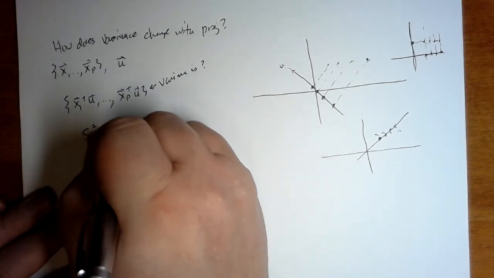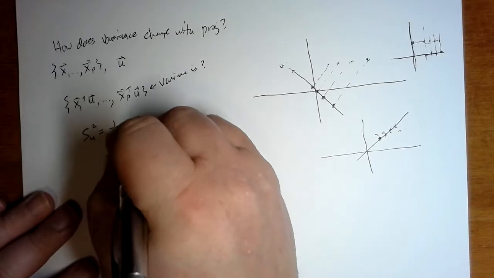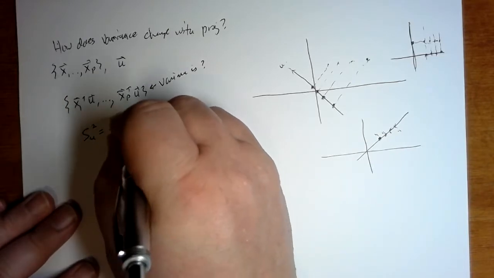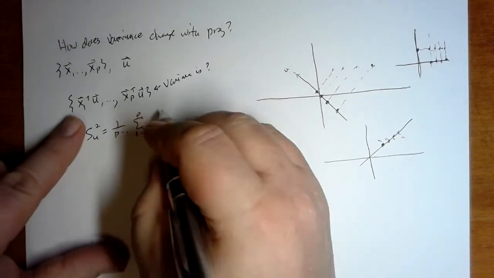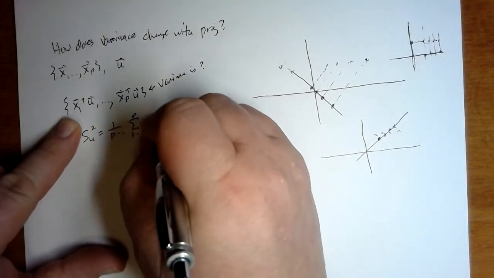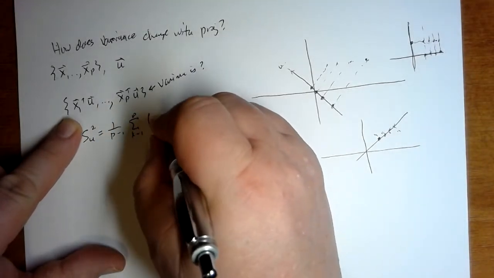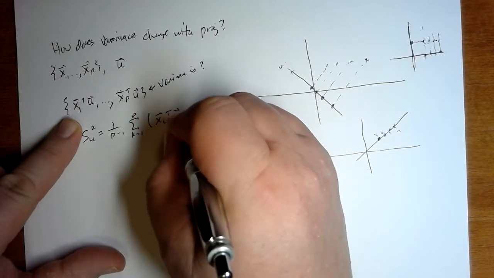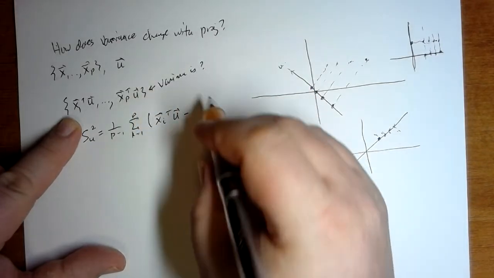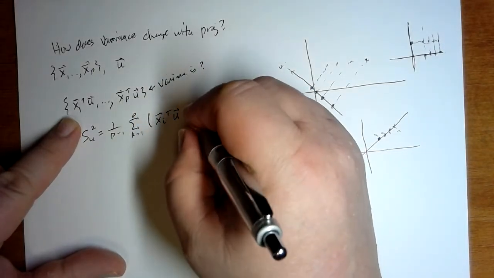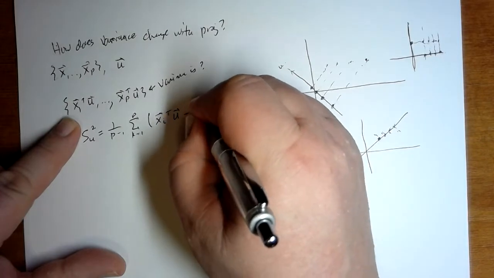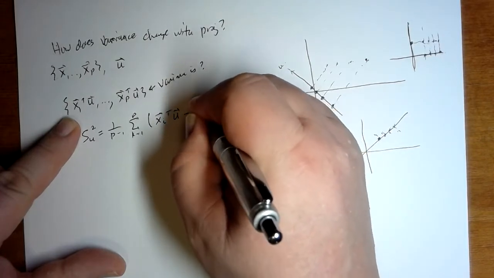That's 1 over p minus 1, sum k equals 1 to p of (xi transpose times u minus the mean) squared. Do you remember what the mean is? Yeah, the mean is the projection of x with u.